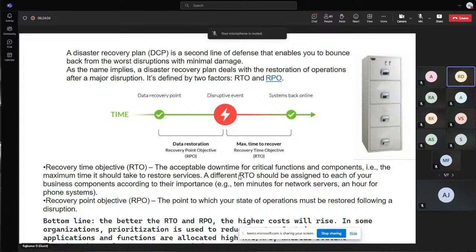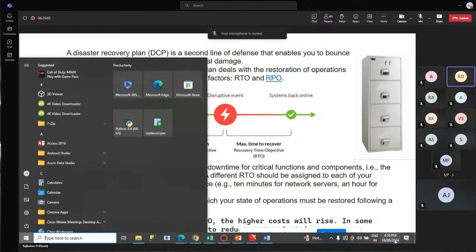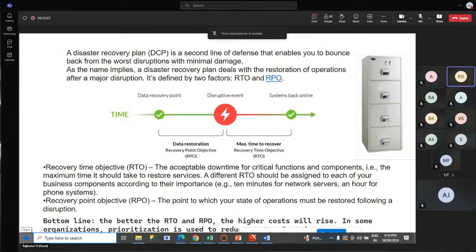Let's see what happens in the case of worst-case disruptions, whether there is a minimal impact or a maximum impact. This impact is always calculated based on 2 factors: recovery time objective and recovery point objective. My financial application, my ERP or my mobile banking application, was interrupted at, for example, 18th, 5 a.m. in the morning.